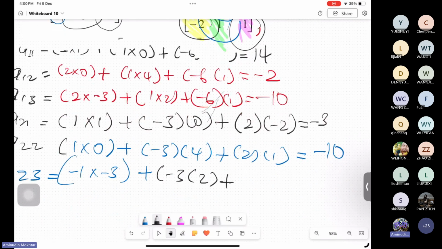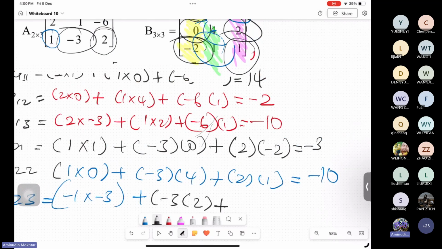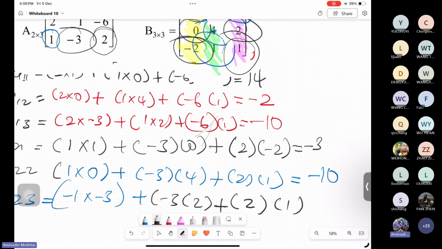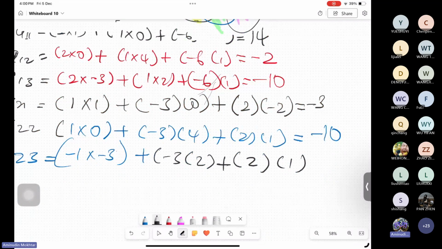So positive 3 minus 6 plus 2 equals negative 1. Okay, that's correct.